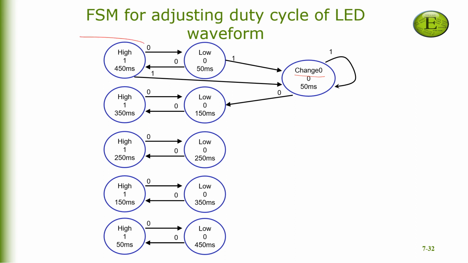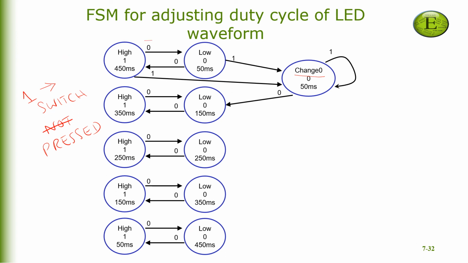These are the inputs: switch input, and more specifically we say that when the input is 0 it means switch not pressed, and 1 means switch pressed. So these 1s and 0s are indicated on the arcs as an input.